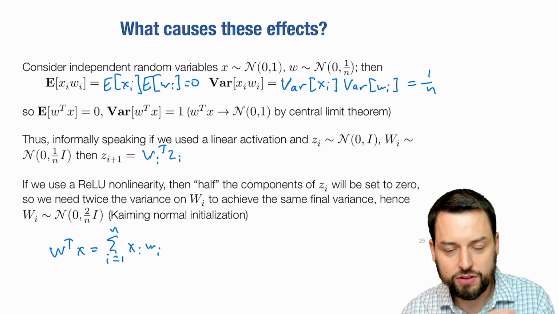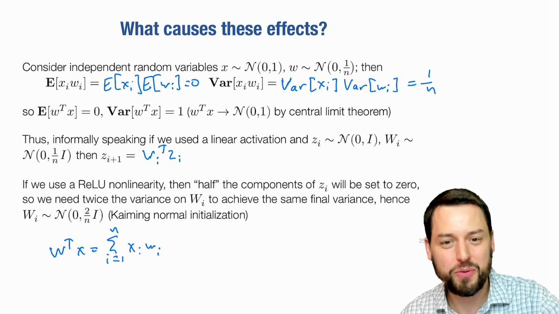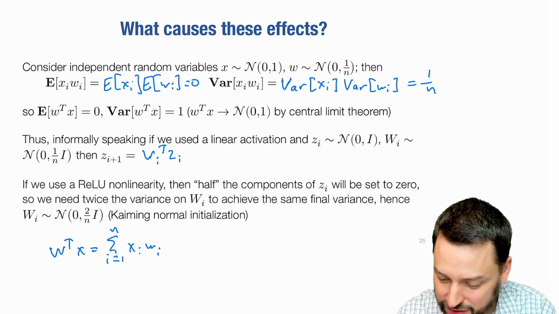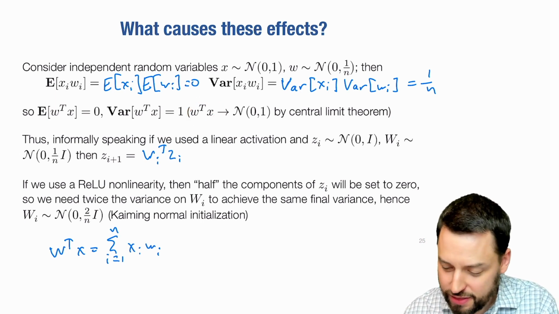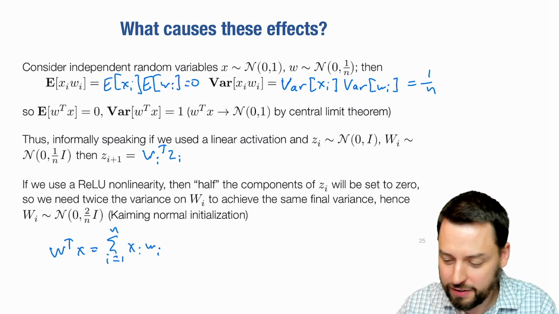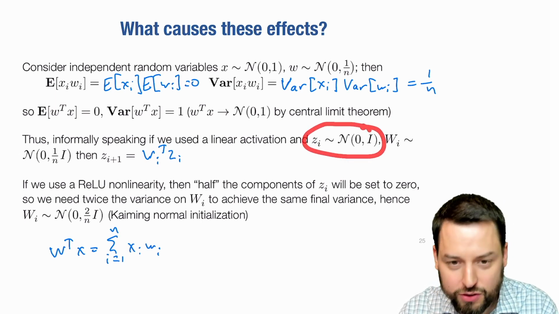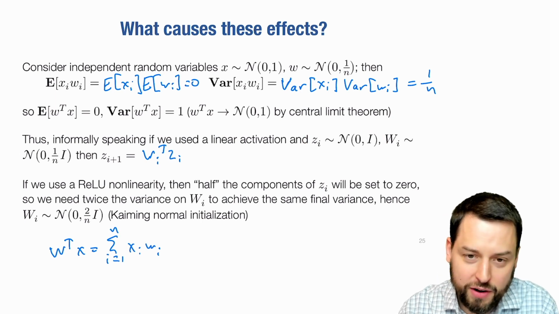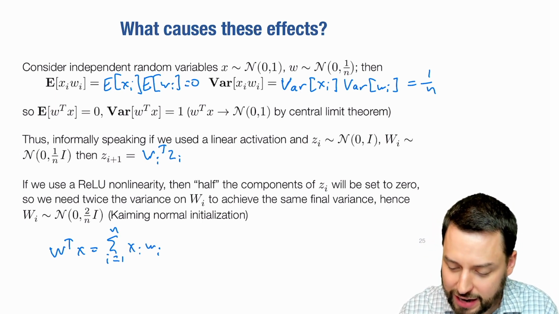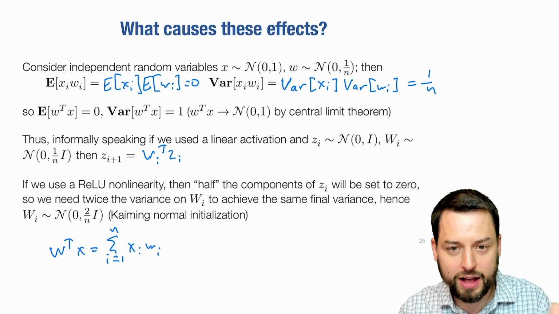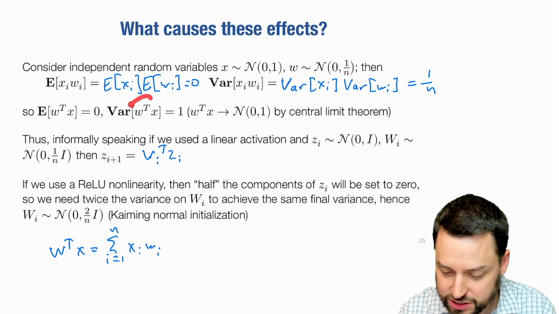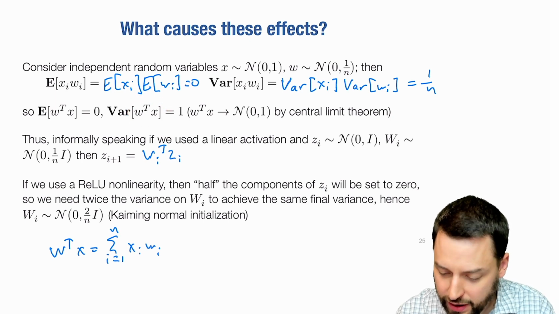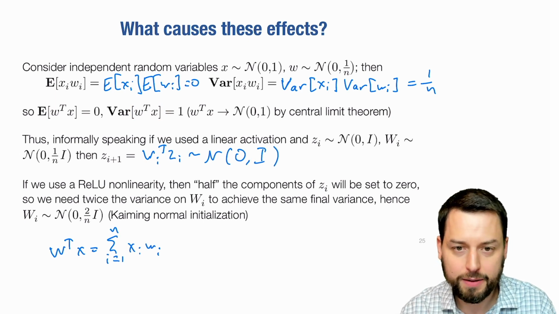In other words, this is a whole bunch of inner products of weights that look like this. If we assume that the first layer is normal with mean zero and covariance I, i.e. a bunch of independent random normals, then the same is true for this product here, because every element of this matrix vector product is essentially equal to something that looks like this. So this whole thing would also be normally distributed with mean zero and covariance I.